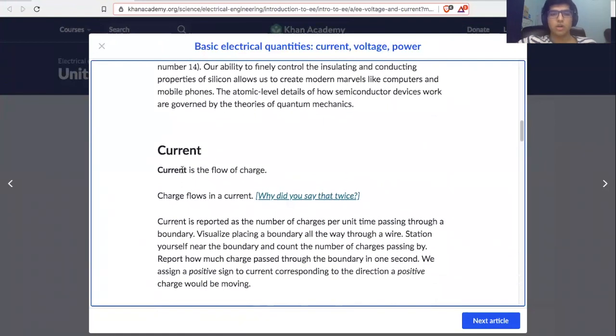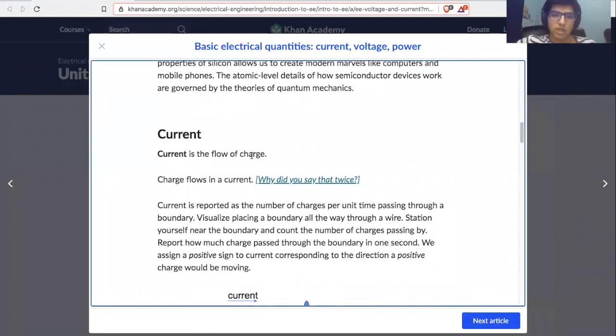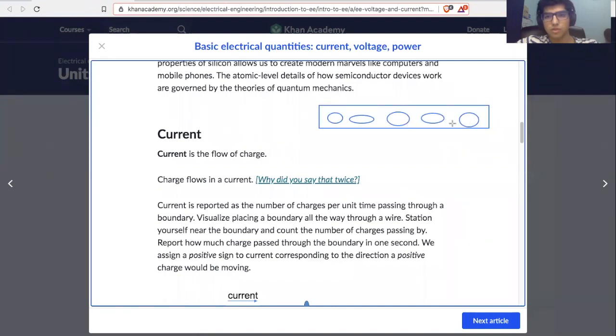Talking about current, it is basically the flow of charge. Once again, let's imagine this is a metal strip, and we have a bunch of atoms in it, and each of them has an extra electron.